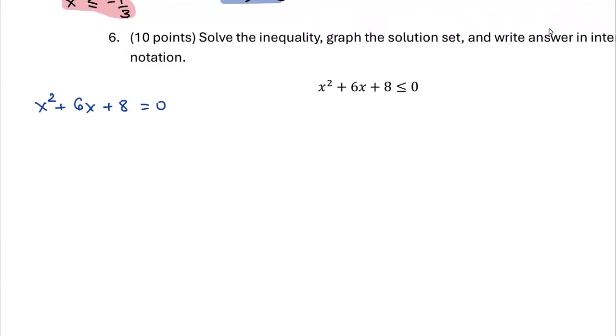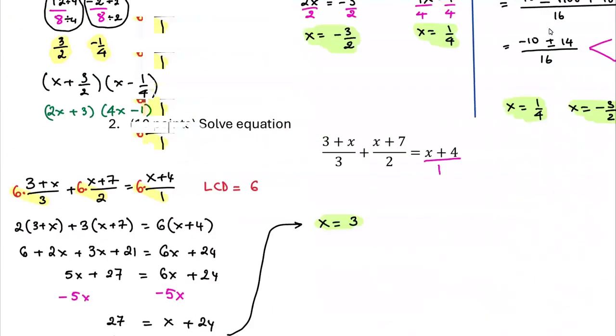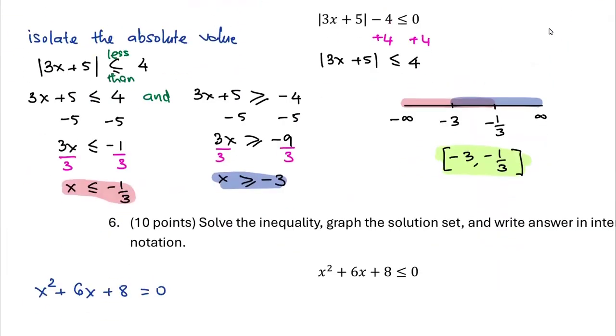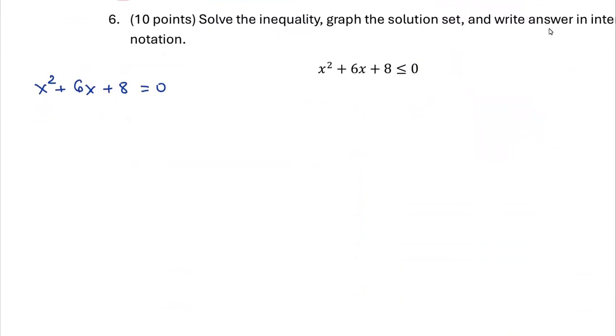We get x squared plus 6x plus 8. This one looks similar to number 1, right? But number 1 is harder because we have the number 8 in front, so we use the AC method. For this problem that we are working on, we don't have a number in front of x squared, so we are just factoring a regular trinomial.